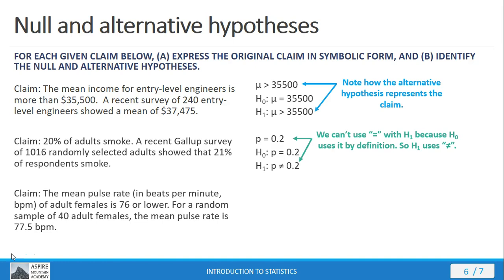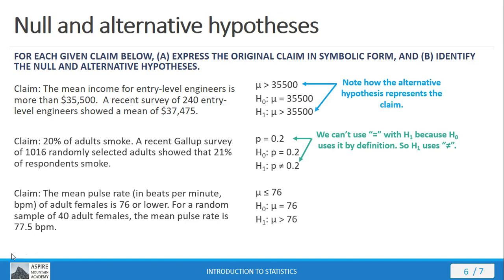Here we have the claim that the mean pulse rate in beats per minute of adult females is 76 or lower. For a random sample of 40 adult females, the mean pulse rate is 77.5 beats per minute. So here we have the mean that is less than or equal to 76. That's the claim. The null hypothesis, by definition, is a statement of equality, but because there's some semblance of equality in our claim, we can't represent that as the alternative.